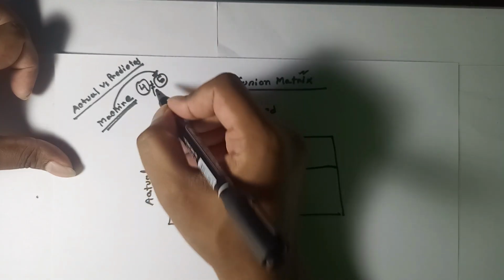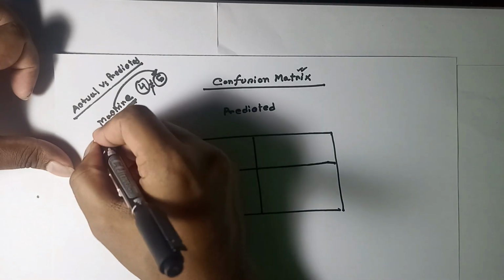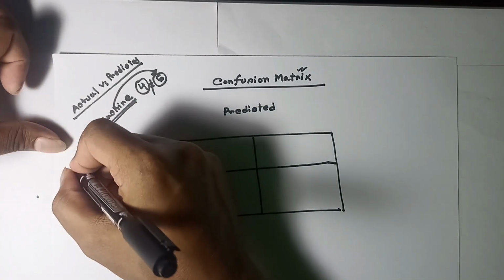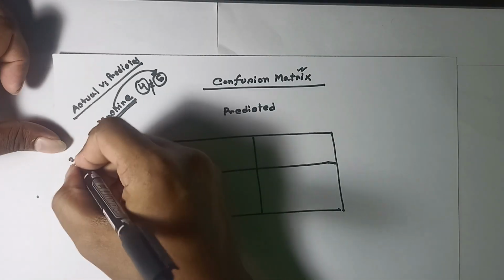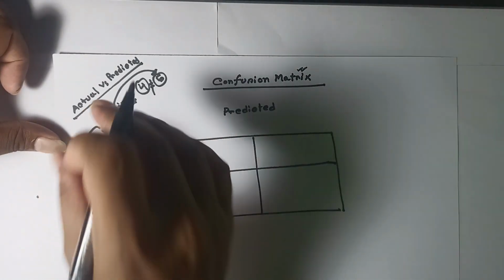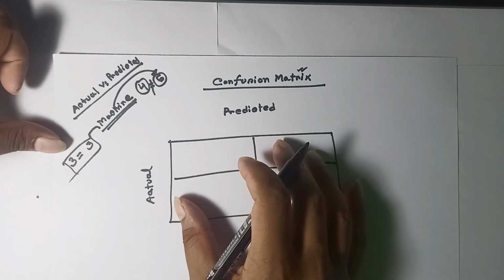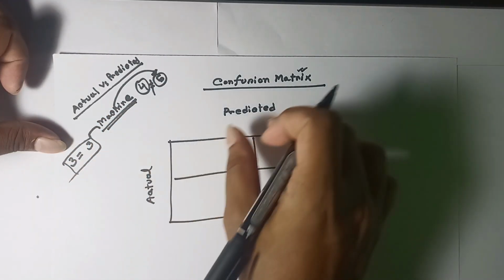So actual and the prediction are not equal. For another video of mine, the actual was 3 and the machine predicts 3. So these two are equal. So basically that will happen inside this confusion matrix, where we perform actual versus predicted.